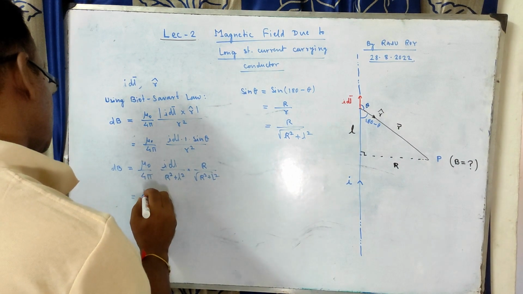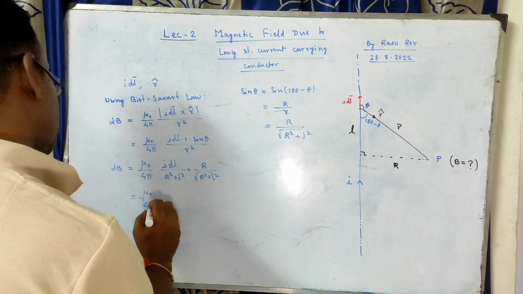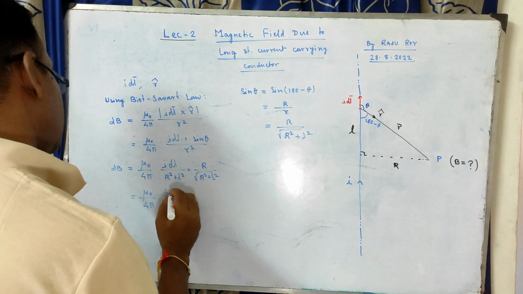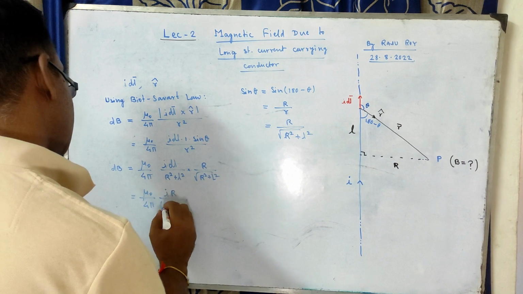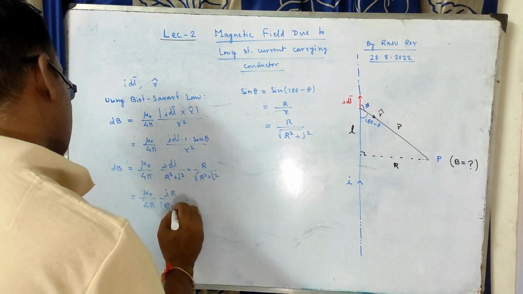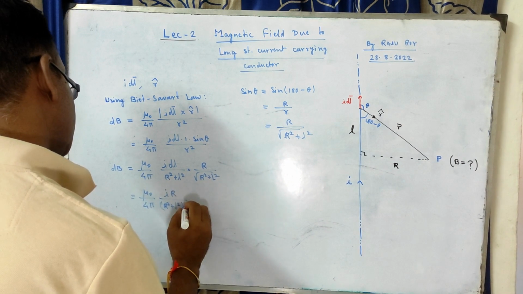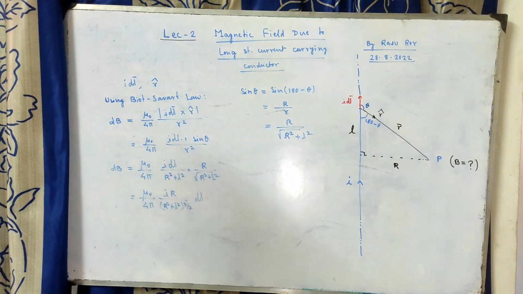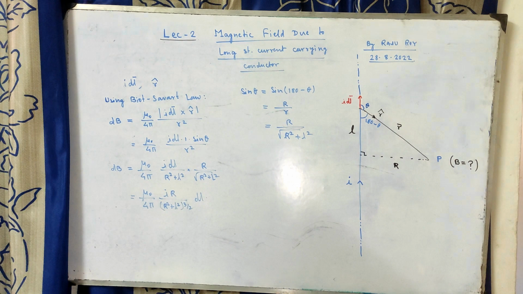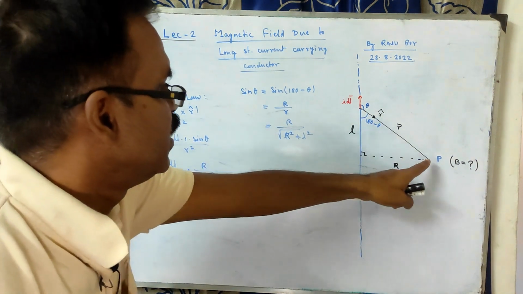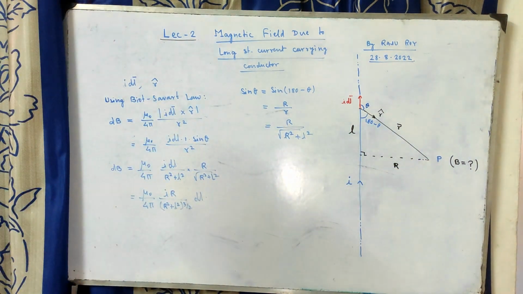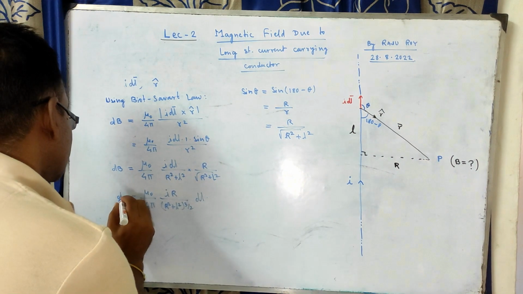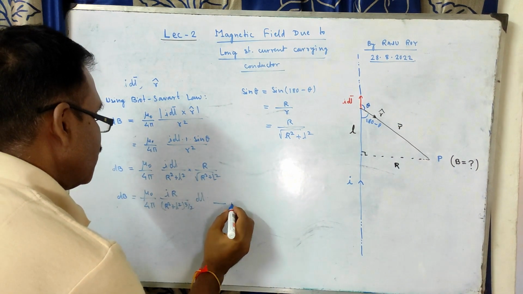So mu naught by 4 pi, I R divided by R square plus L square raised to the power 3 by 2, into dl. This is what we are getting due to this Idl, the dB. This is equation number 1.